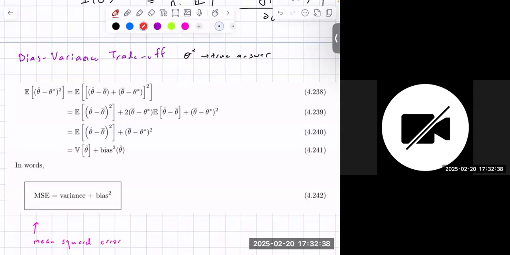Now people would say, maybe I could create something biased to reduce some variance. Or maybe I don't want to be so biased, then I should expect a bigger variance, something like that. So they'll always talk about this variance versus bias trade-off. That's what it means.